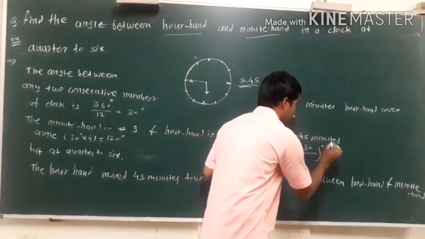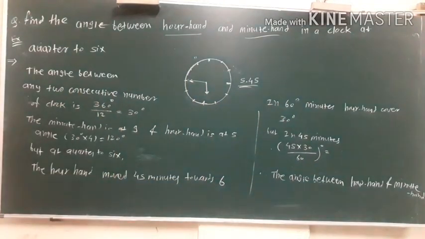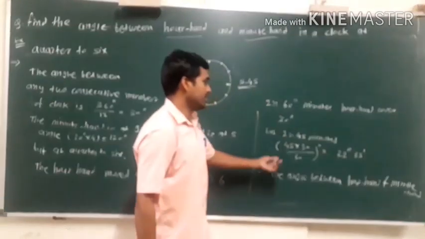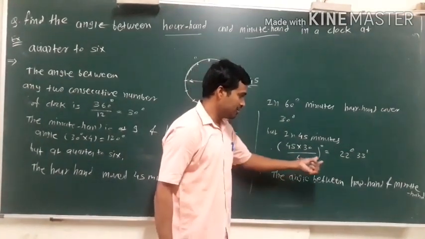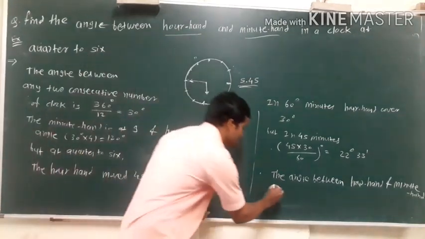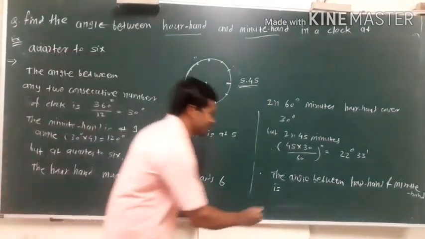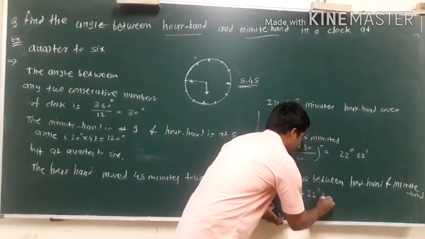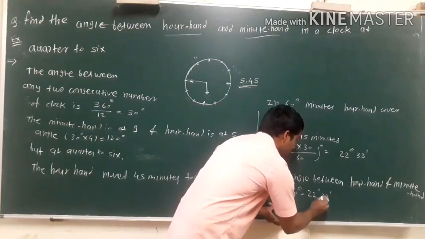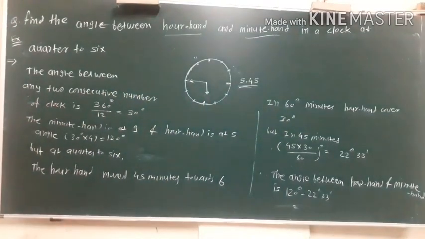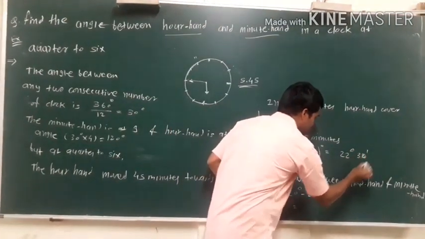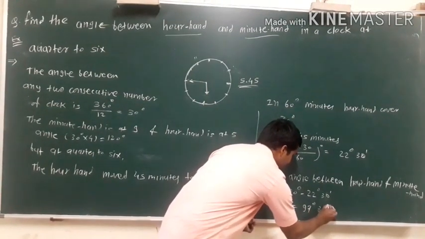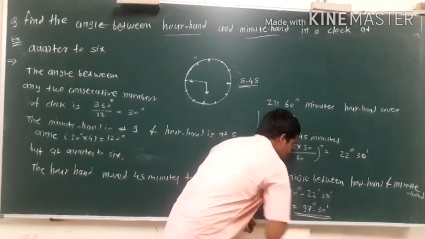The calculation is 22 degree and 30 minutes. So the angle between hour and minute hand: total degree is 120 degree minus 22 degree 30 minutes, and the final answer is 97 degree and 30 minutes. These are the final answers.